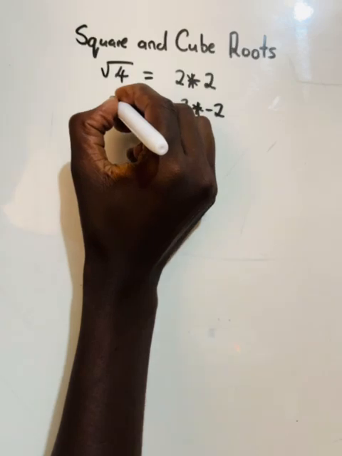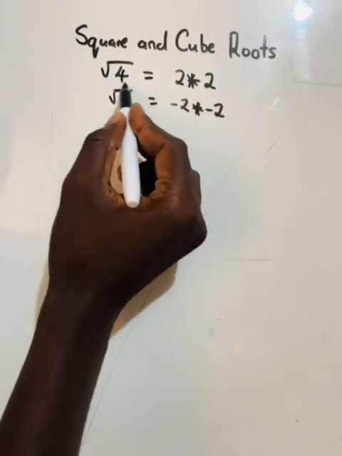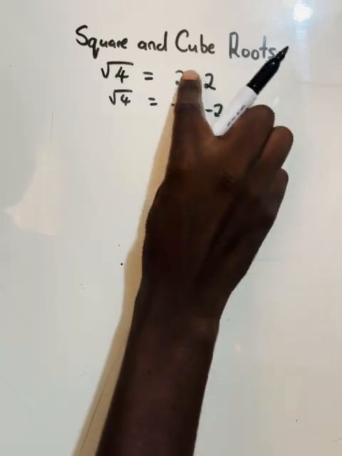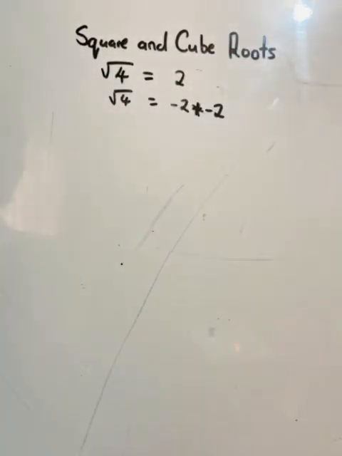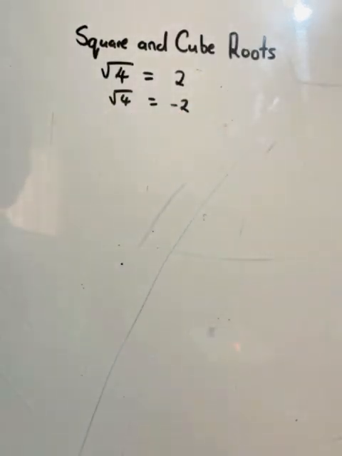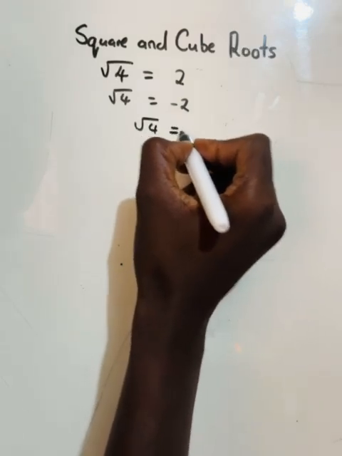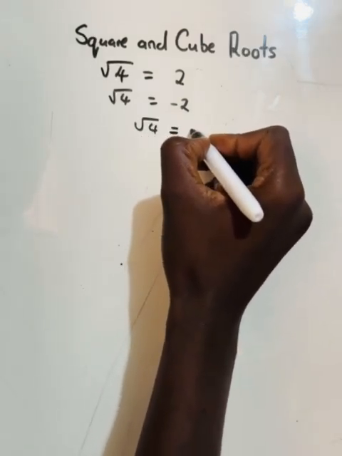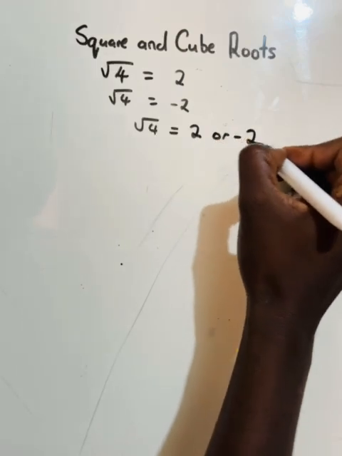So if you are given square root of 4, you got it as a result of 2 multiplied by 2, or as a result of negative 2 multiplied by negative 2. So the square root of 4 is equal to positive 2 or negative 2.